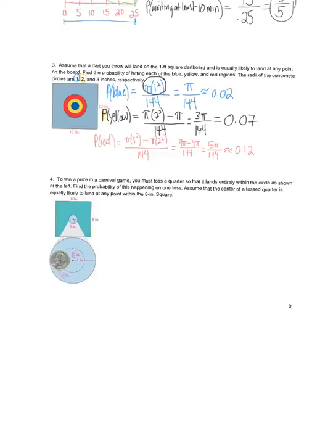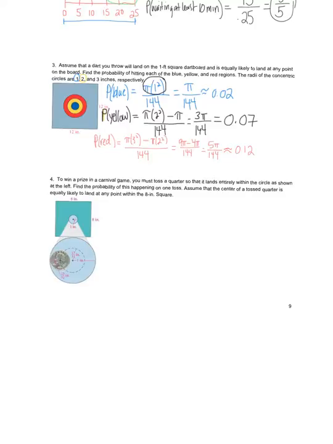For number 4, it says to win a prize in a carnival game, you must toss a quarter so that it lands entirely within the circle as shown here. It says find the probability of this happening on one toss. Assume that the center of a tossed quarter is equally likely to land at any point within the 8-inch square.